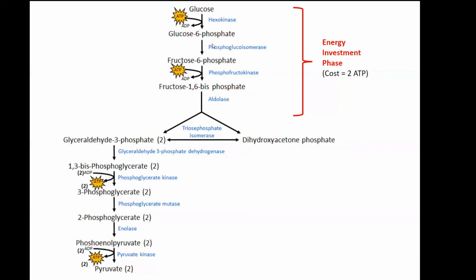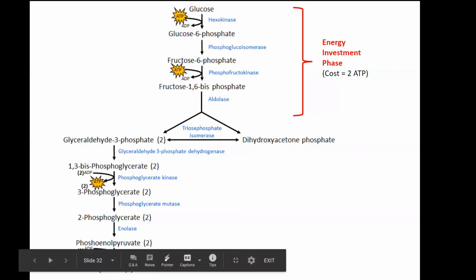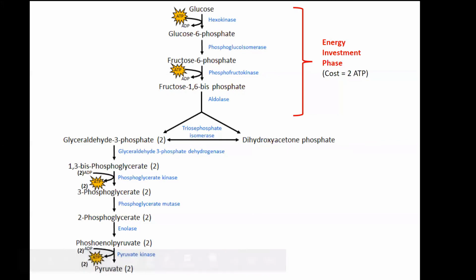It seems counterintuitive that we're using ATP in the process of making ATP, but it's true. At the beginning of this process, we need to add in some energy in the form of ATP in order to destabilize the structure of this glucose molecule in order to allow us to split it into our pyruvate molecules. So in our energy investment phase, we use ATP, but we then also have an energy harvesting phase.